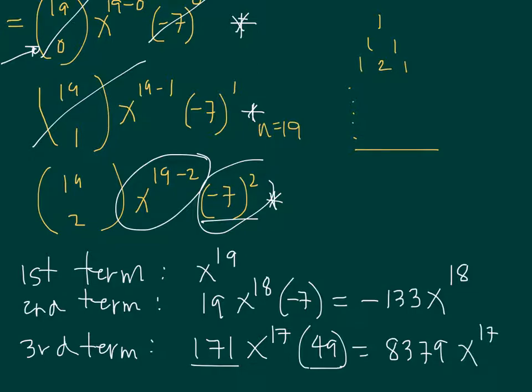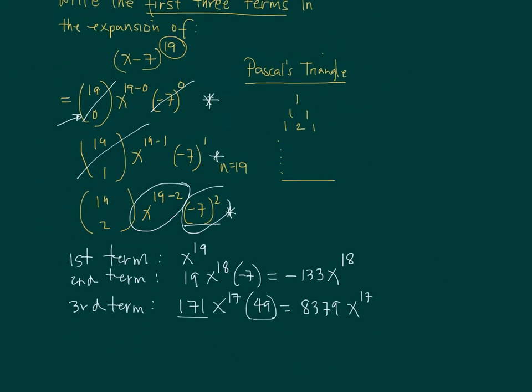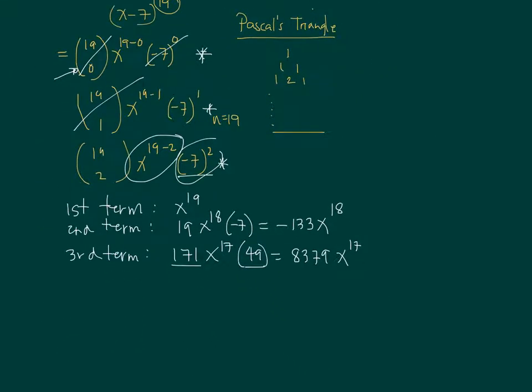So when you expand (x − 7)^19, we are expecting x to the 19 minus 133 x to the 18, and then plus 8379 x to the 17, then plus and so on.